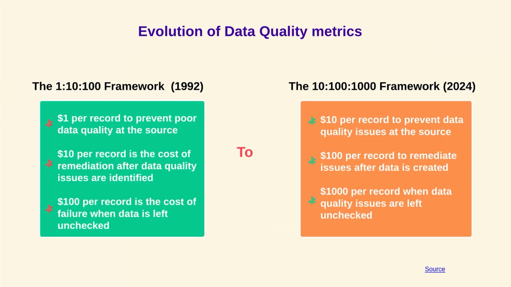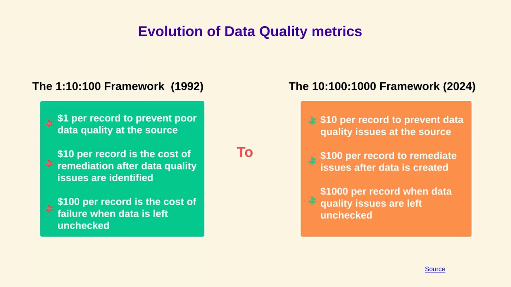So that is that. Next is looking at the evolution of data quality metrics. Back in 1992, experts said it takes $1 to prevent poor data quality. To fix the data, you might spend $10.